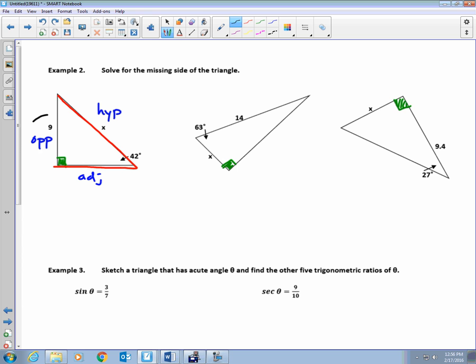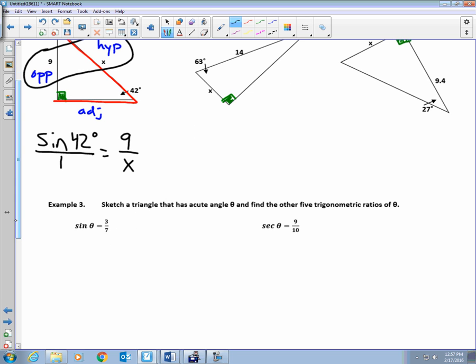You are given 9, and you are looking for x. So you're given the opposite. You're looking for hypotenuse. Which of the 6 has to do with opposite and hypotenuse? Sine. So we set up sine of my angle, 42 degrees. I'm going to write it over 1 is equal to what? 9 over x.